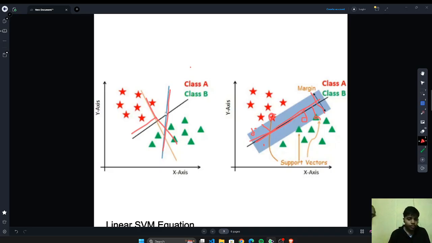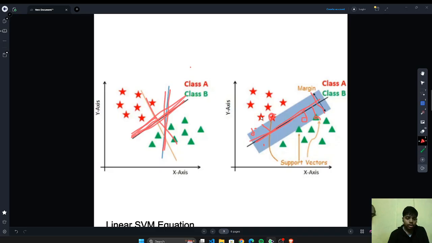That is why we are not dividing like this, because it will not divide the classes properly, and the margin will be too small. So this margin is very suitable. The angle depends upon how the classes are spread.